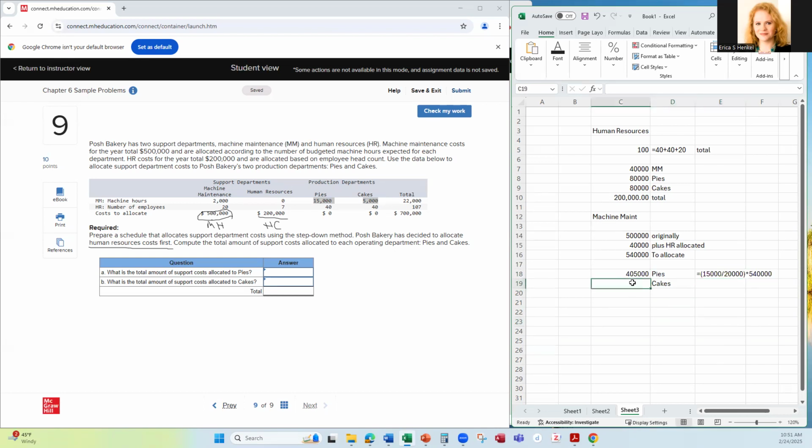And then for cakes, it's going to be the 5,000.